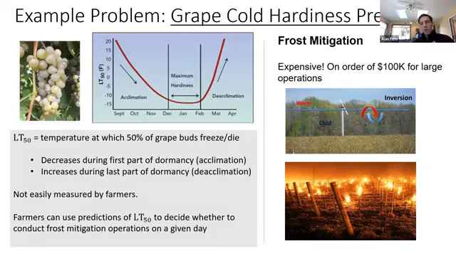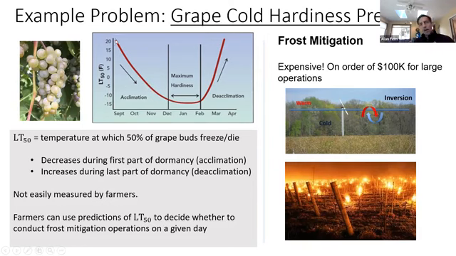Well, I'm going to focus on grapes, but these types of plants that we're dealing with have the same characteristics. Grapevines have a property called cold hardiness, and this is an abstract plot of the temperature at this time of the year at which 50% of the buds will die, in this case, at -5 degrees.